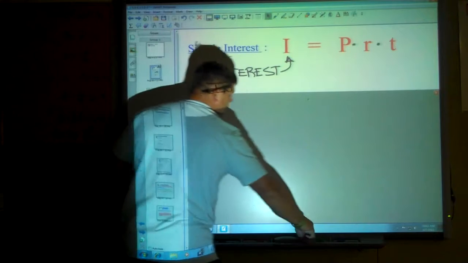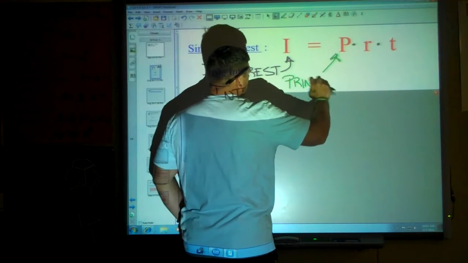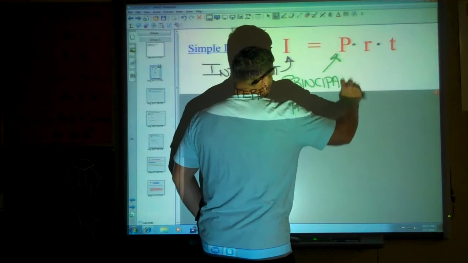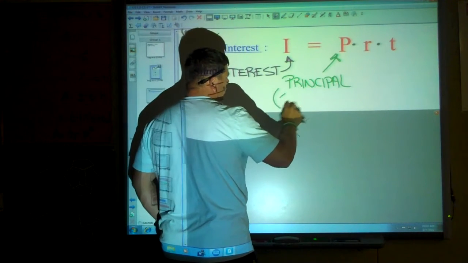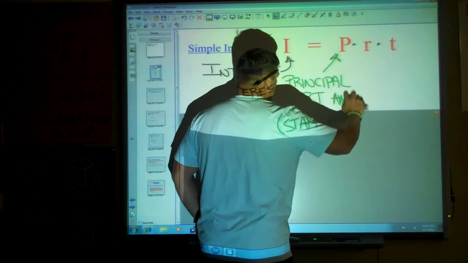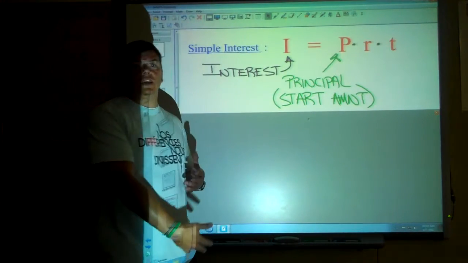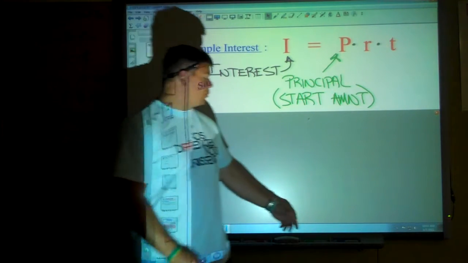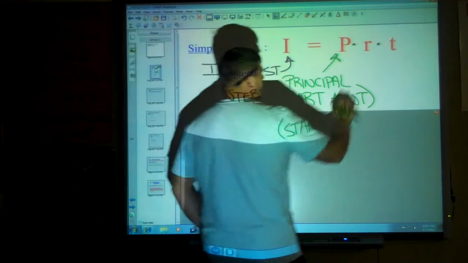The P stands for principal. Another way of saying that is the start amount, the amount we start with. So if you put $100 into the account, the $100 would be considered your principal or starting amount. R stands for rate.